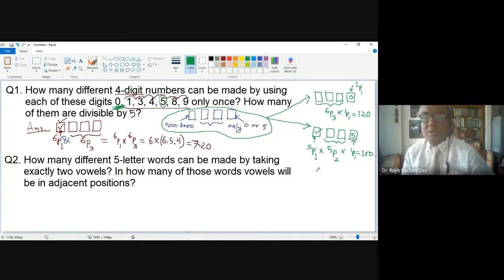So what will be the final answer? How many 4-digit numbers are possible that are divisible by 5? 120 plus 100. Yes, that is correct. So now why are you doing plus? Mathematically explain the logic.